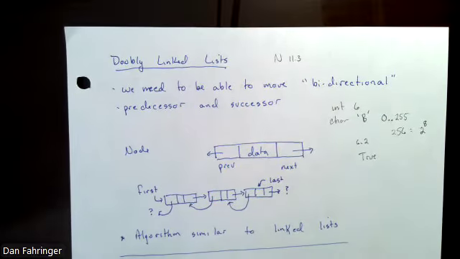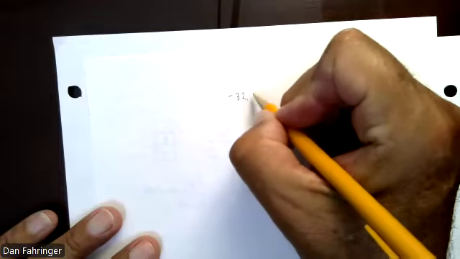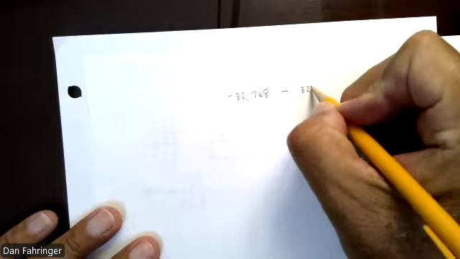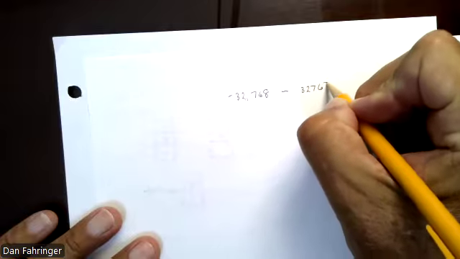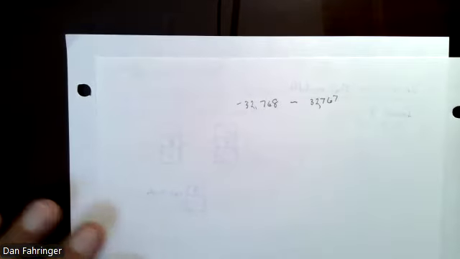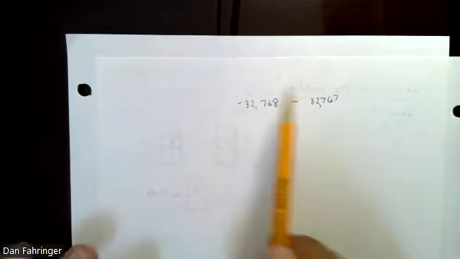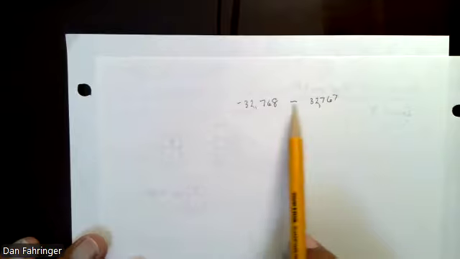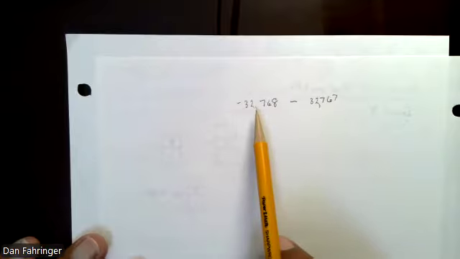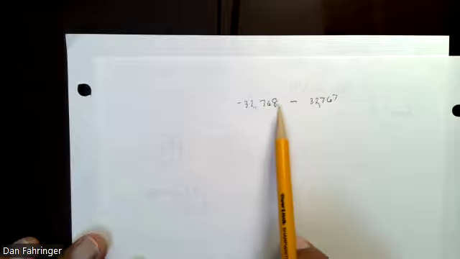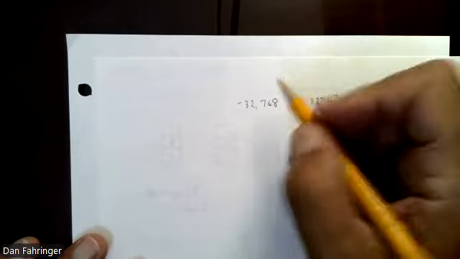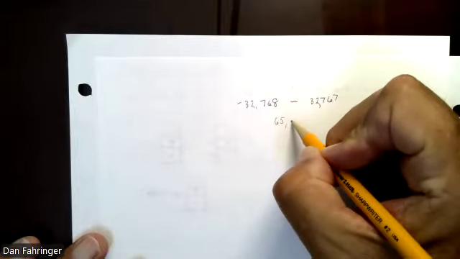In the old days in Pascal, we had this number, 32,768 up to 32,767. That was our integer in Pascal. How many numbers would be here? Roughly 65,535.